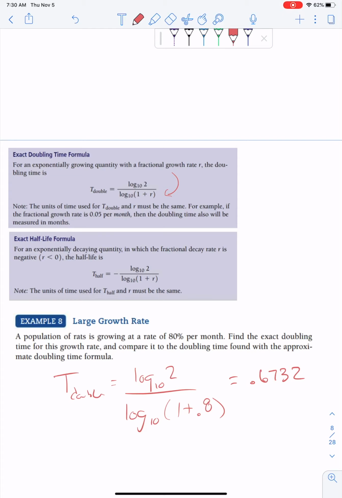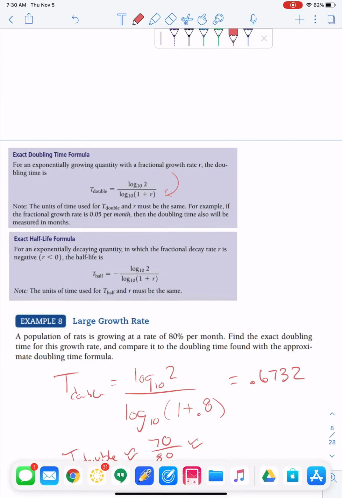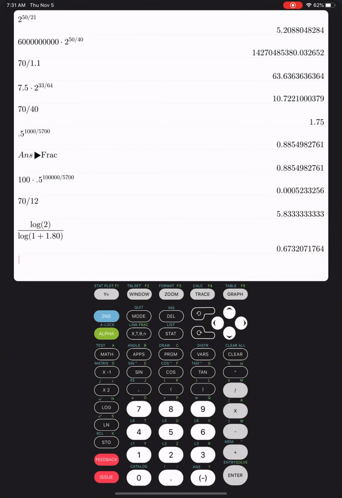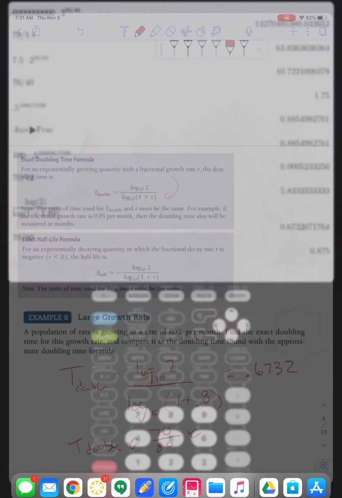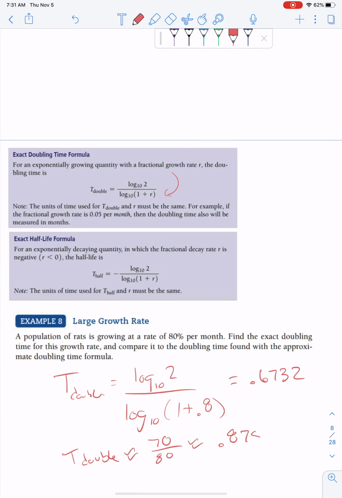If I were to use my estimating formula, I would do 70 divided by my percent. 70 divided by 80 is approximately 0.875. So if I look at those two, relatively, they seem close together.